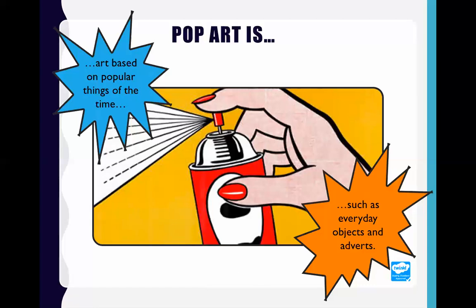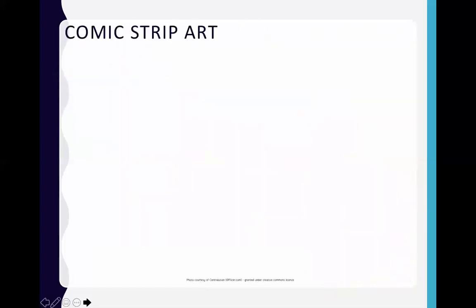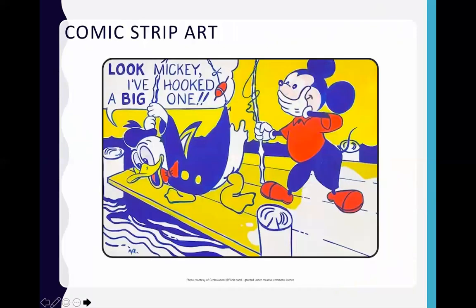So pop art is also comic strip art. Now, who thinks they know who these characters are? I'm sure lots and lots of you have seen these two characters before. So this is a comic strip of Donald Duck and Mickey Mouse.